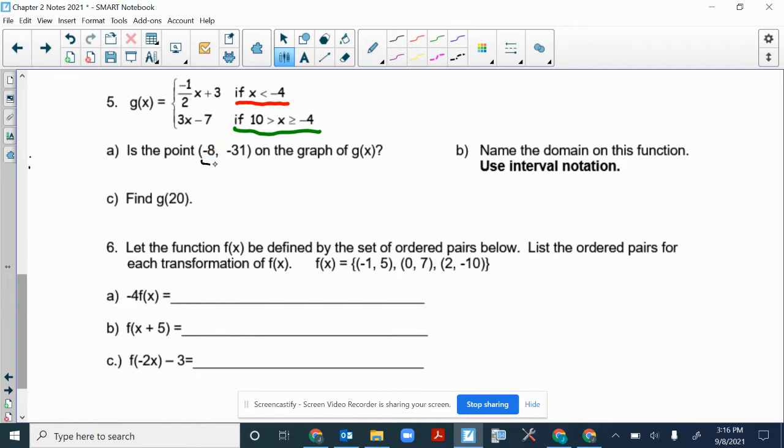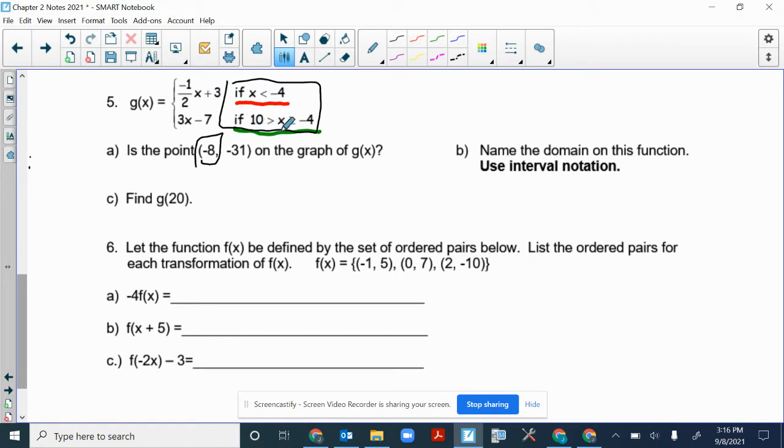What you want to look at is our x value. So our x is -8. So that's where you're going to look at this stuff on the right and determine, okay, which one of these situations would -8 belong to. So when you think about it, if x is less than -4, we use the first equation.